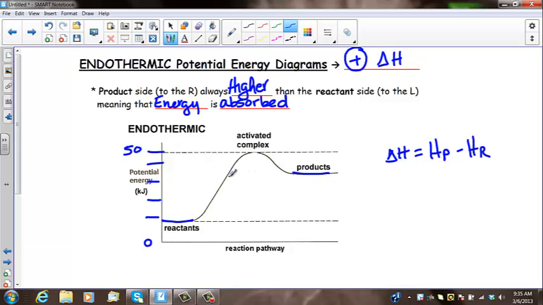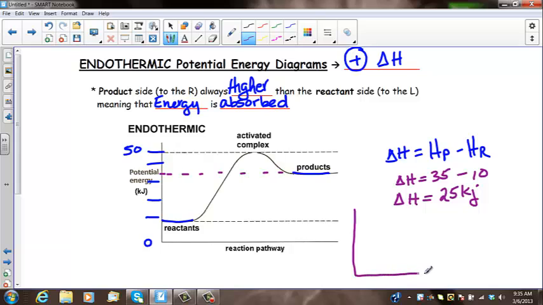So my products are at, let's see where this line is, let me go across here. All right, let's say it's about halfway. So this is 0, 10, 20, 30, 40. This is 35. So delta H is equal to 35 minus where the reactants are, 10. So my delta H is equal to 25 kilojoules. This is a positive value, okay?